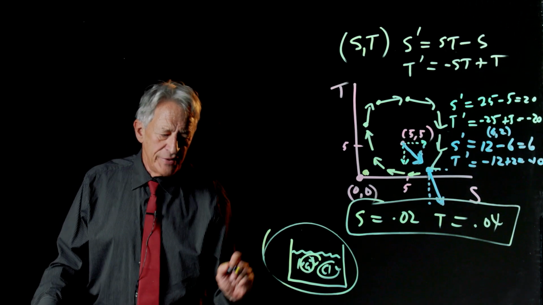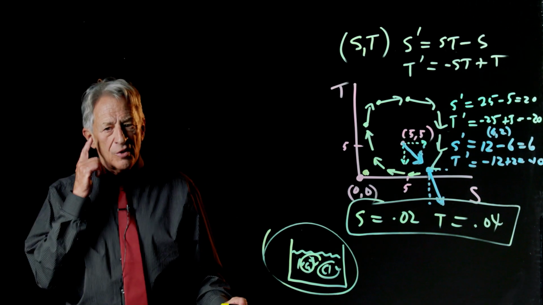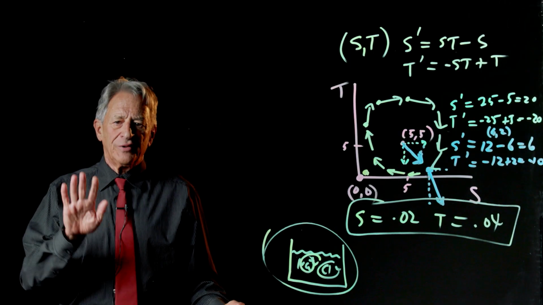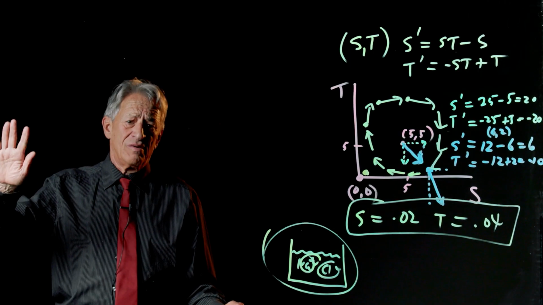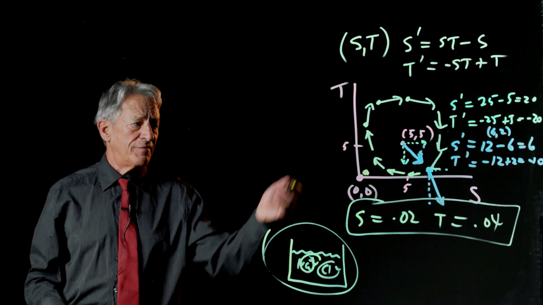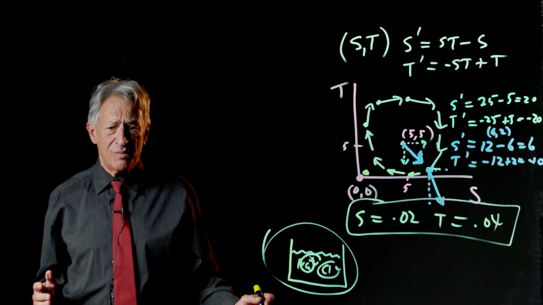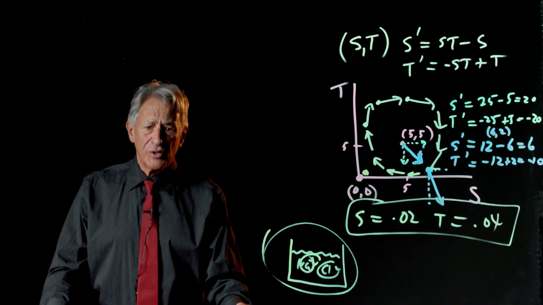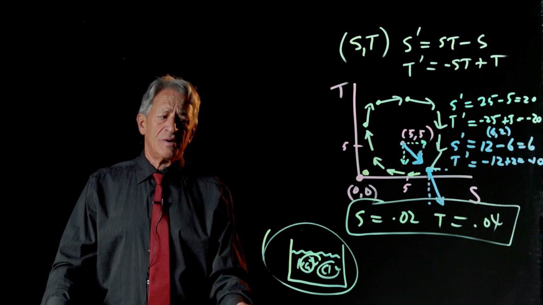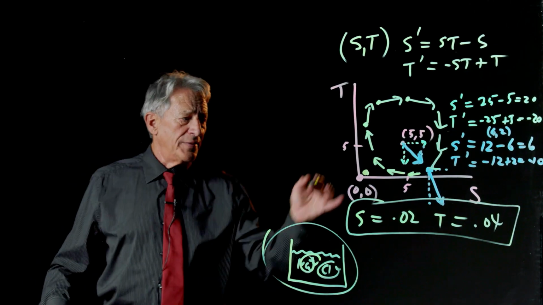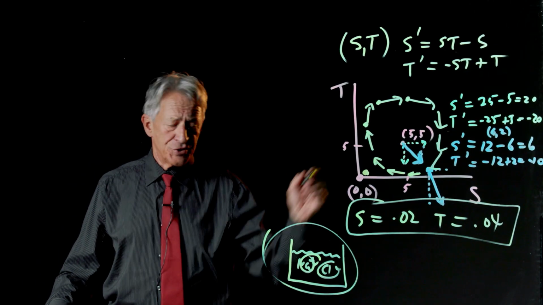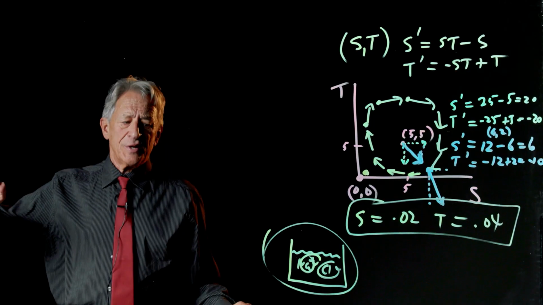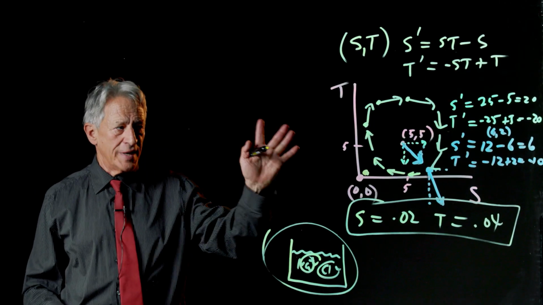And what that means is that these models really are restricted to fairly large numbers of animals. And you can think of S and T now not as number of animals, but maybe millions of animals. So in both of these situations, we make the assumption of continuity, which makes this kind of modeling possible.